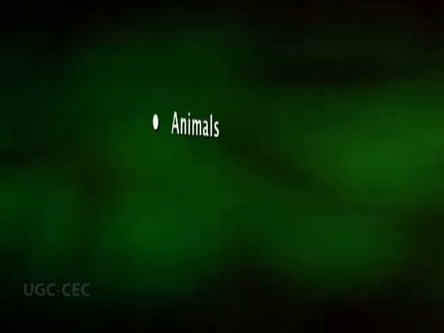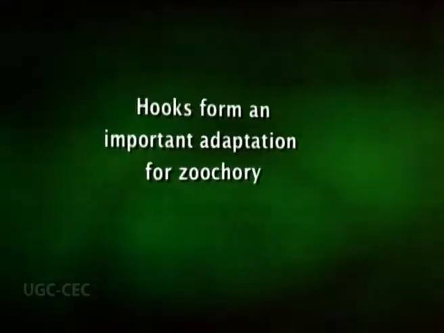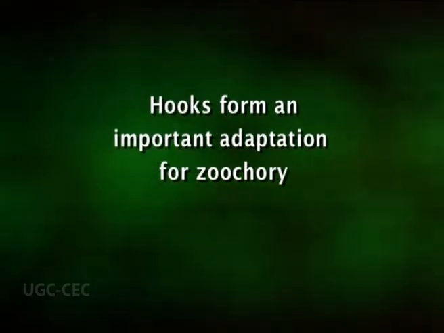The next dispersal agency is animals. Dispersal by animals is known as zoochory. Such seeds have hooks or barbs on their seed coat which attach them to the fur, feather or skin of animals, aiding in their dispersal. Hooks form an important adaptation for zoochory.